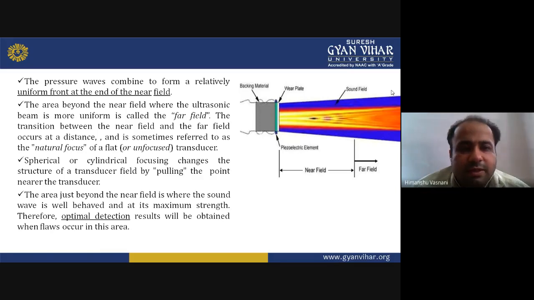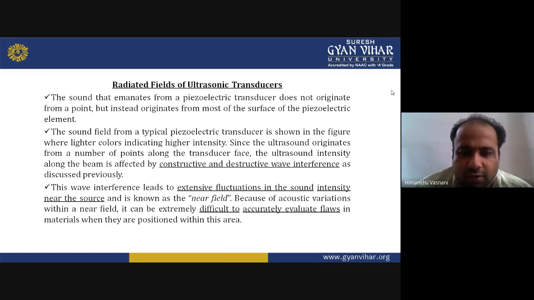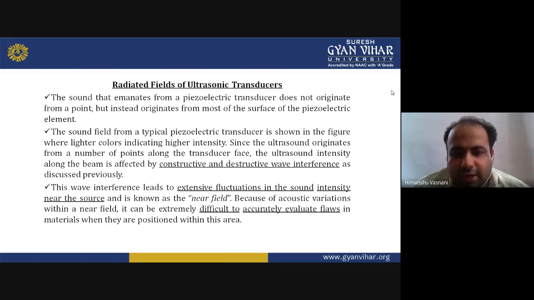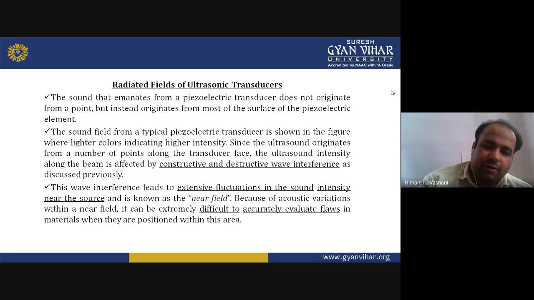The area beyond the near field where the ultrasonic beam is more uniform is called the far field. The near field leads to extensive fluctuation in the sound intensity near the source, so in the near field it is difficult to accurately evaluate flaws in the material.